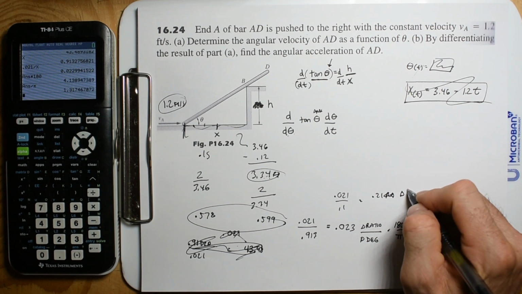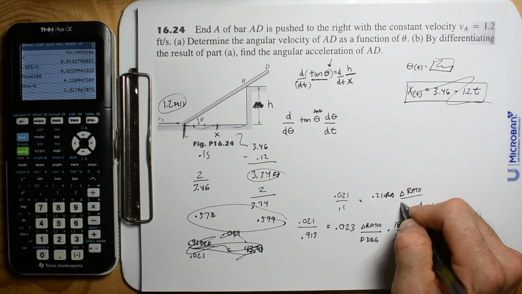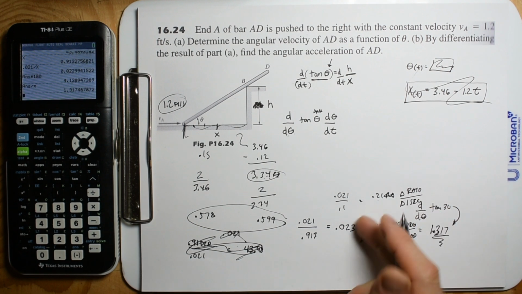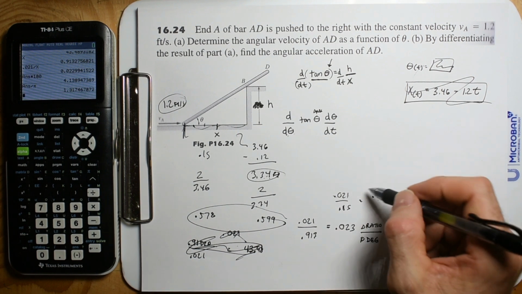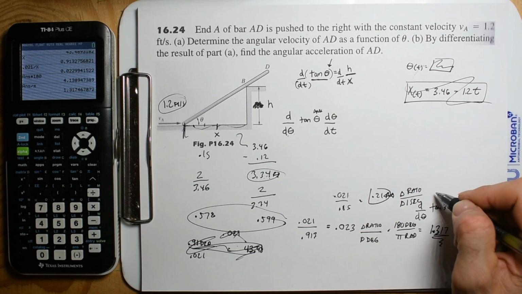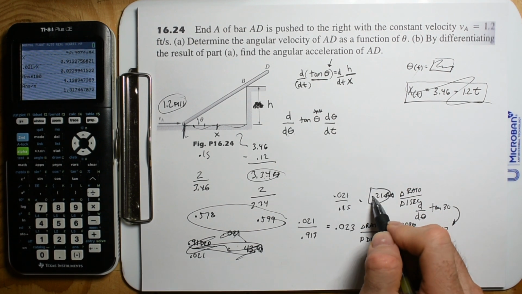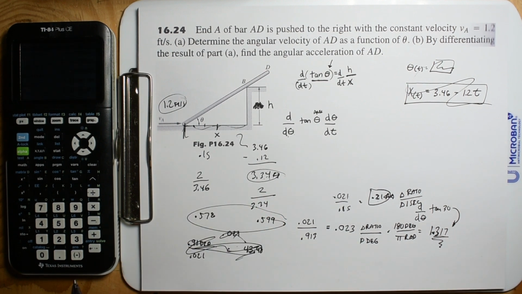We're going to have a change in that ratio of 0.21 divided by change in 1 second. Because it's 0.021 divided by a tenth of a second, that's going to be 0.21. That ratio is going to change every second by about 0.21. And, yeah, so there you go.